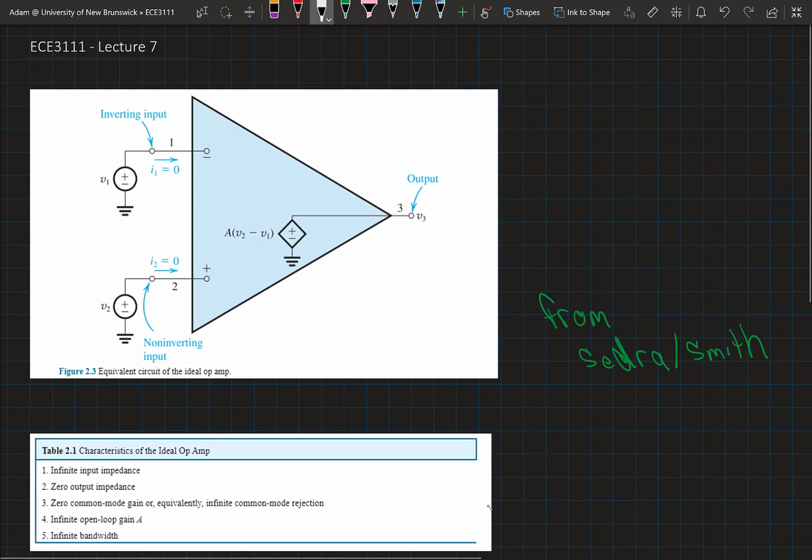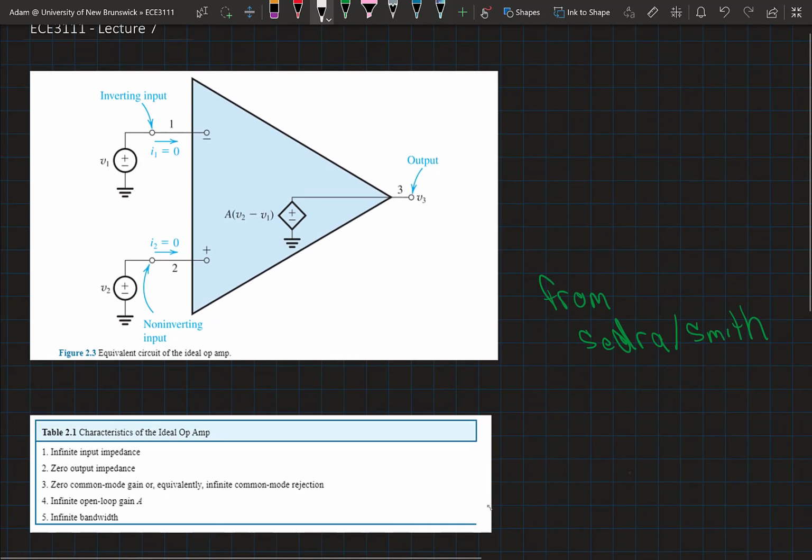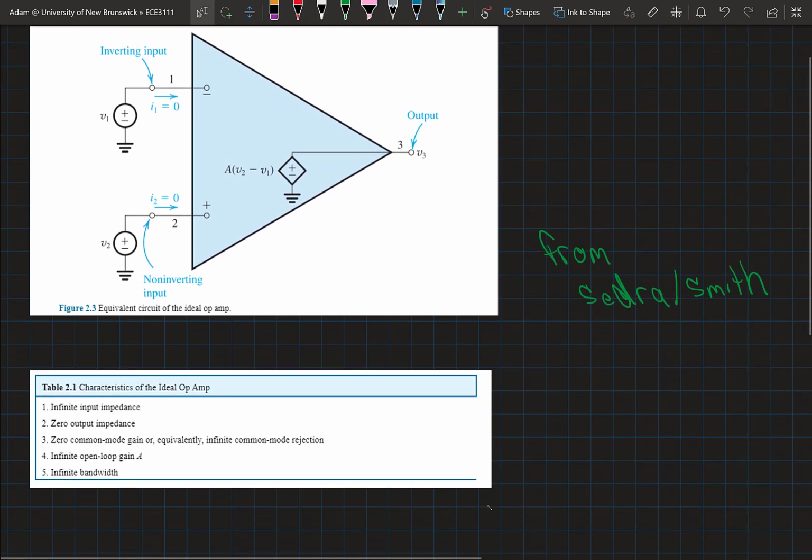So we talked a bit about how an op-amp, because it is amplifying the difference between the inverting and non-inverting input, any signal that's common to both inputs, or is the common mode signal, will be eliminated from the output. We also refer to that as common mode rejection. We'll talk a bit about that a little bit later on.